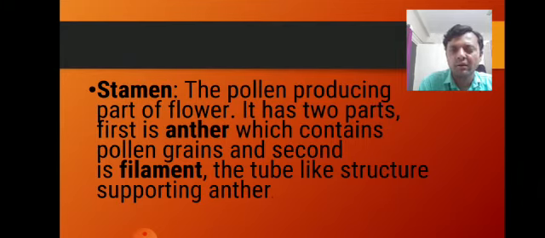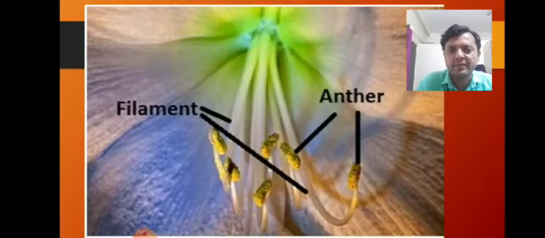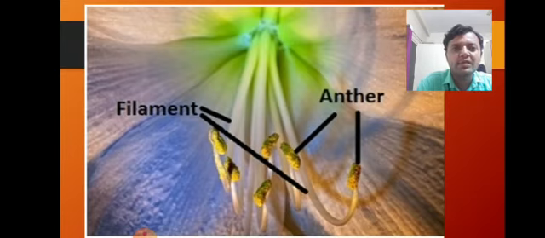Okay, I would like to show you the diagram or a structure of a stamen, then you will better understand. Let us see. Yeah, see filament and anther. See the structure of stamen. Inside the flower it is located.